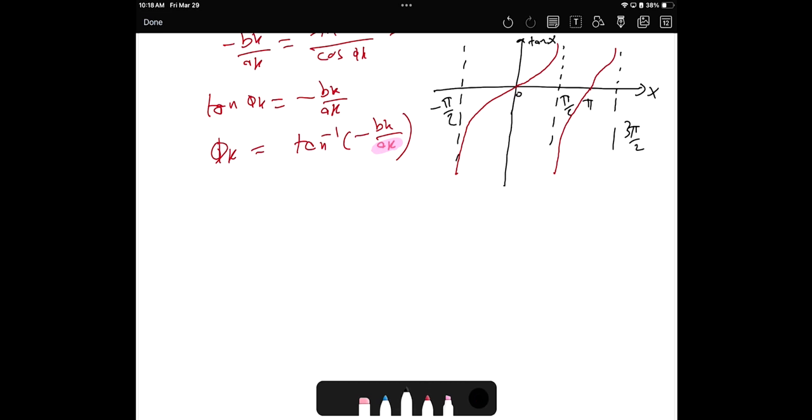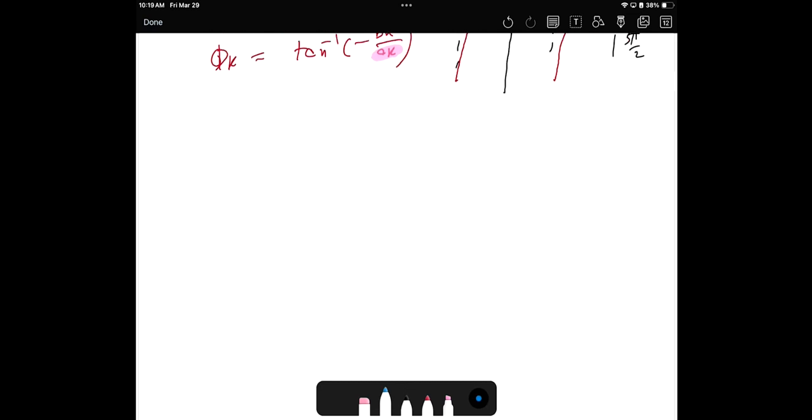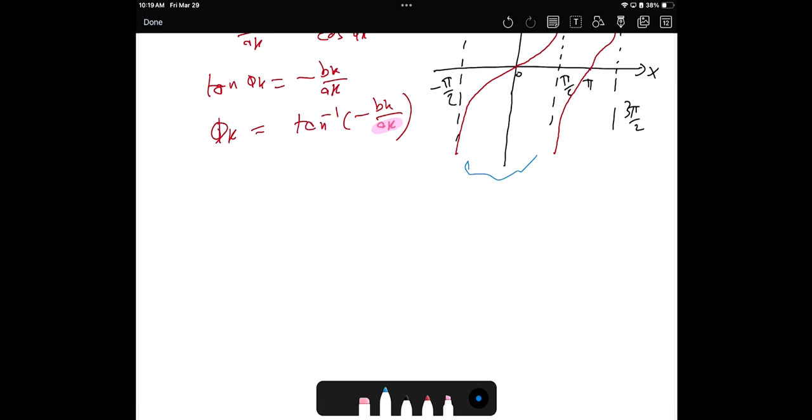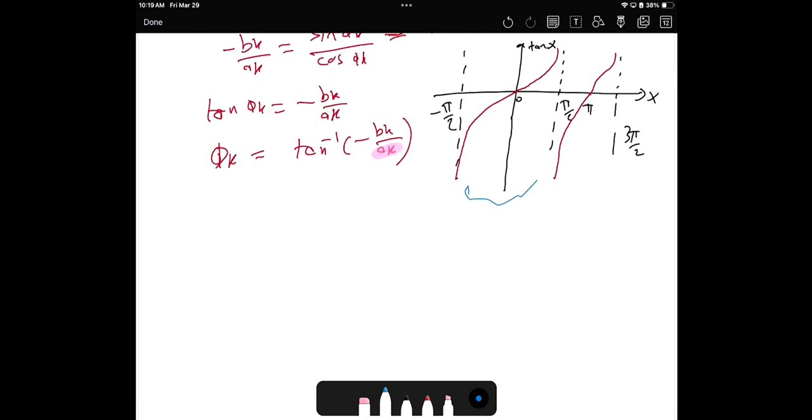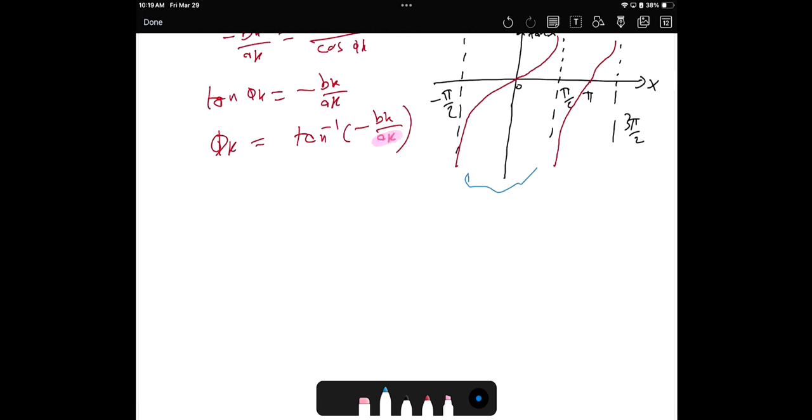Okay, let's focus more on this period between negative pi over 2 and pi over 2. We need to look at the tan inverse. Tan inverse, basically, you flip the axis. Here is x, here is tan inverse of x. So we flip the axis: the x-axis will be the y-axis, and the y-axis will be the x-axis.